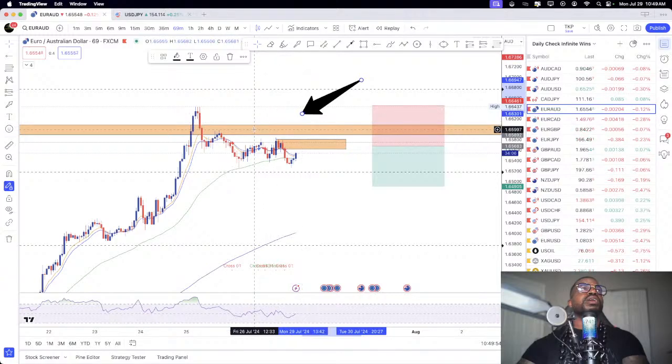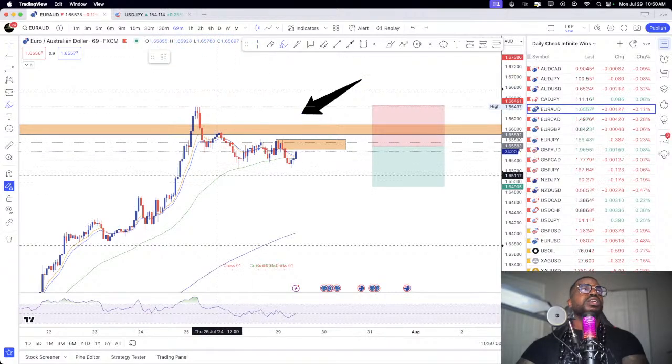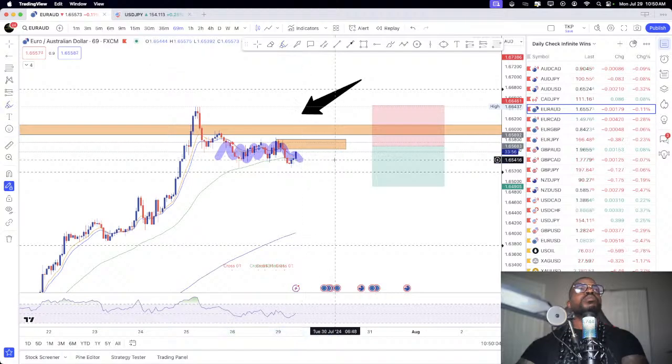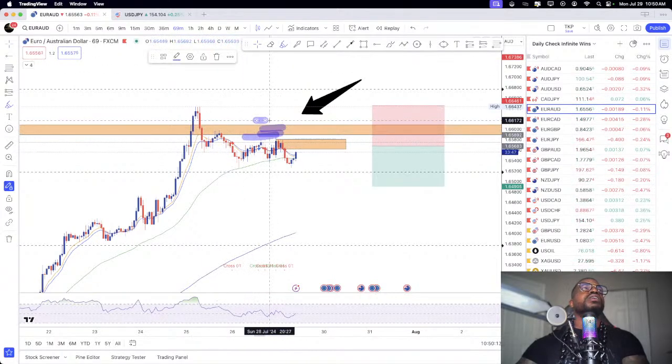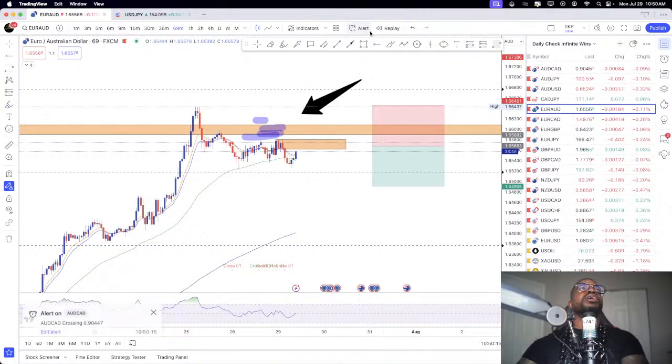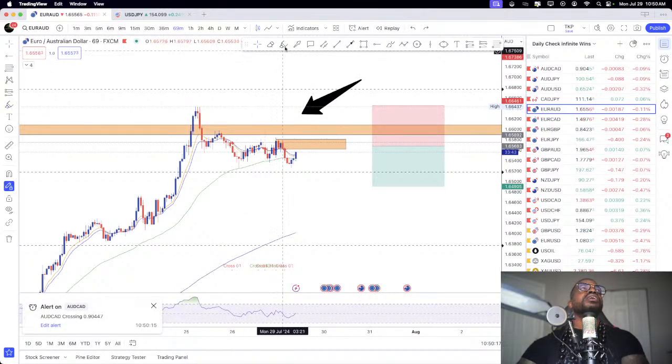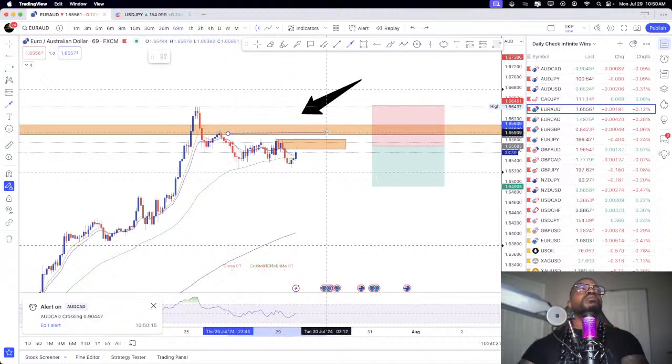But one thing that we have to keep in mind, when price gives you all of these rejections, like it did in this area, most traders are taking their stop losses and they're placing them right above this level. Now what the market does is it will pull back in a lot of cases, and it will break above those areas, capturing all of those stop losses.